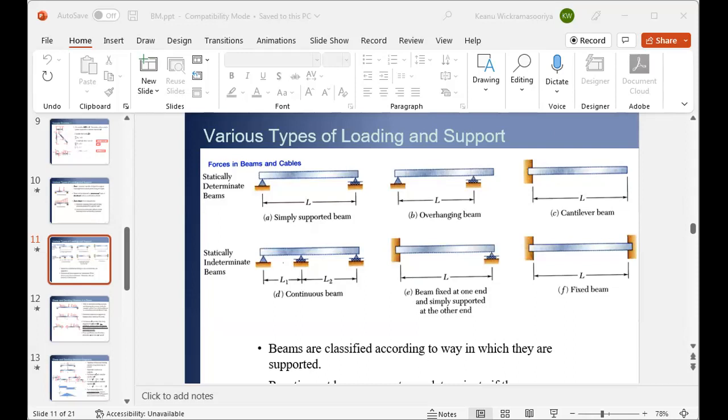No idea? What's the difference between statically determinate and statically indeterminate?